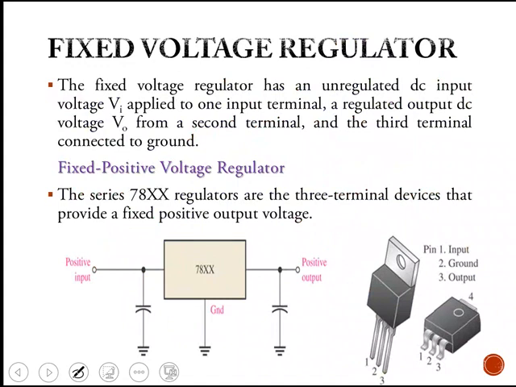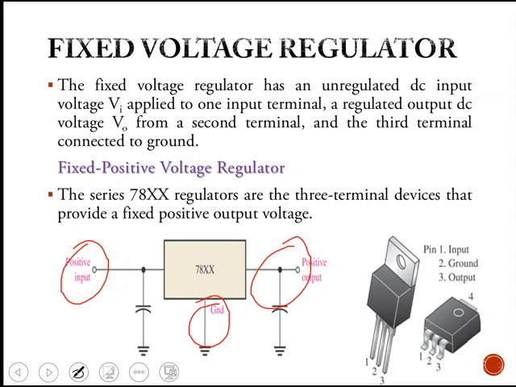As you can see here, the fixed voltage regulator has an unregulated DC input, Vi, applied to one of the terminals. The regulated output DC is the second terminal and we have the third terminal which is ground.